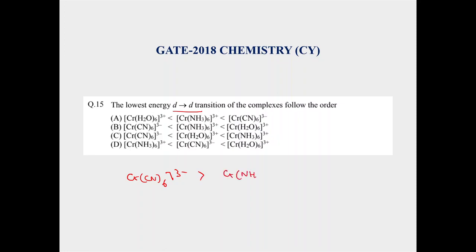Then ammonia is a stronger field ligand if we compare it with water, and water is the weakest field among the given options. So this will be the order: CN has the maximum, then NH3, then H2O. So option A is the correct option for this question, question number 15.